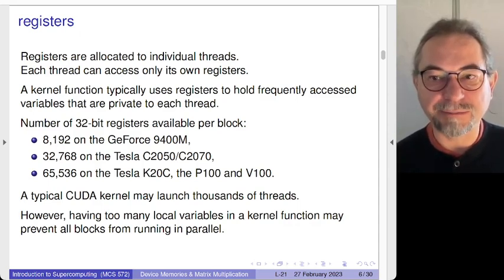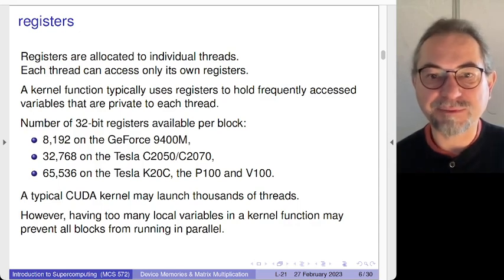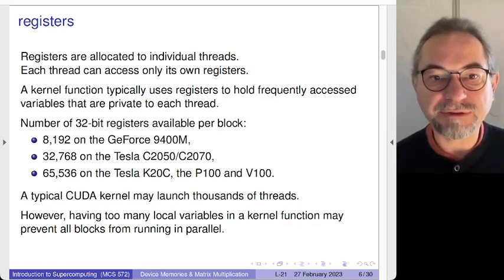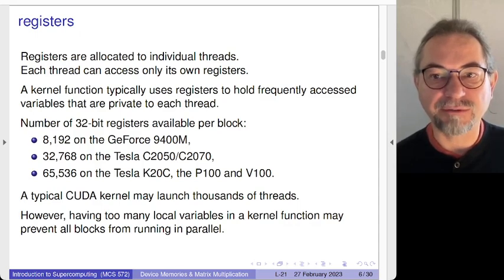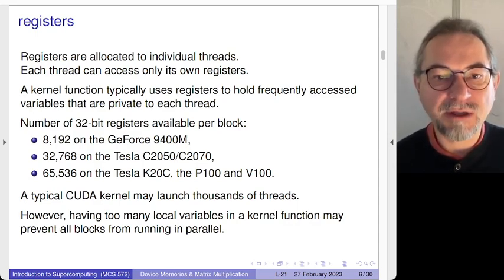We had the inner product in the matrix multiplication that is frequently updated in every step of the computation, and that is better stored in a register, because registers are very quick to access and update.